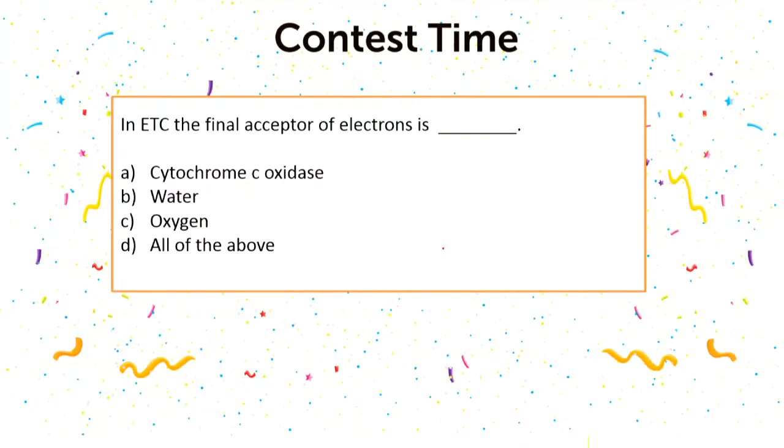We will go to our contest question. If you have kept a keen note on everything we talked about till now, the question is: in ETC the final acceptor of electrons is cytochrome C oxidase, water, oxygen, or all of the above. It is a pretty simple, extremely straightforward question.